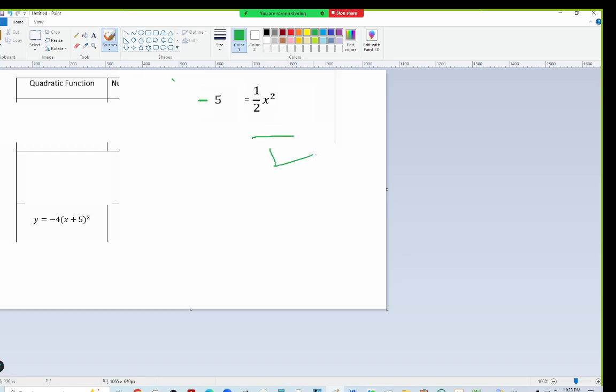Now, let me teach you another way of getting rid of that half. What's the opposite of that? It's the reciprocal, I should say. The reciprocal is just flipped upside down: 2 over 1. If I multiply by 2 over 1, it cancels. Now I can multiply this. Remember that they're multiplied, though.